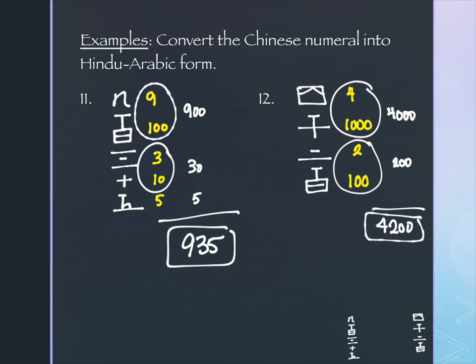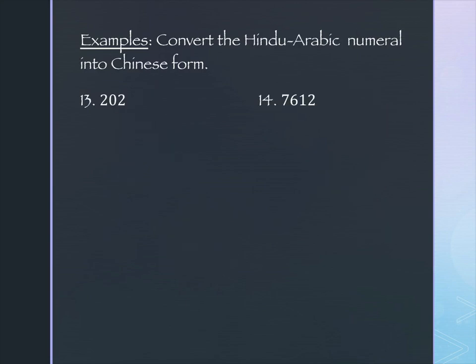Ready for the next one? Okay. Now we're going to take our numbers and write them in Chinese. How do I get a 2? 2 lines, and then I need it to be 100 after it, so I need the dynamite. That's how I make 200.